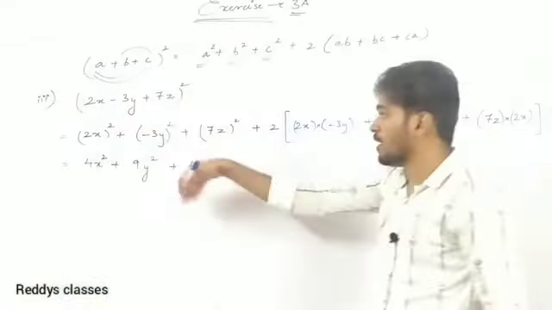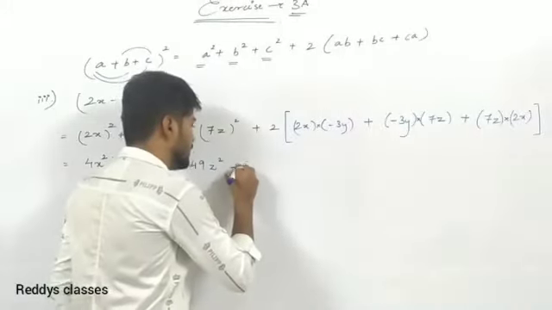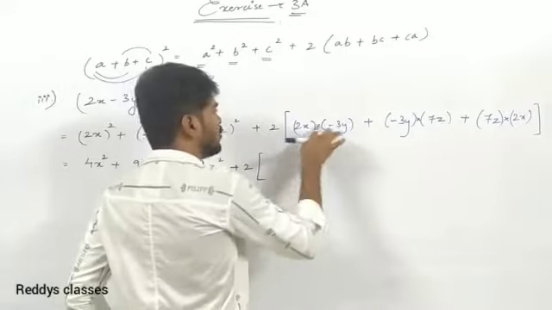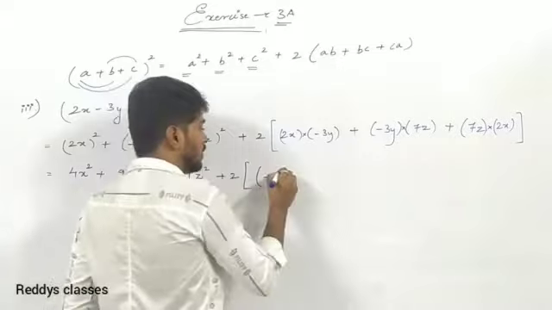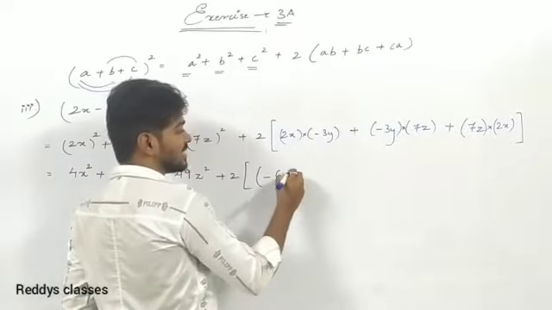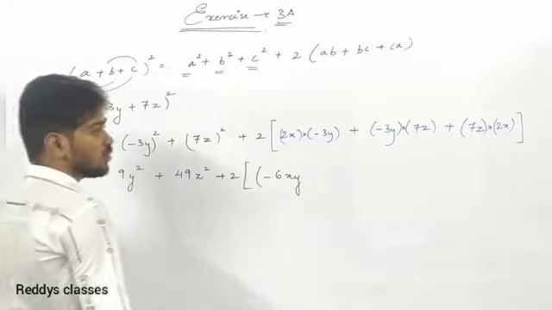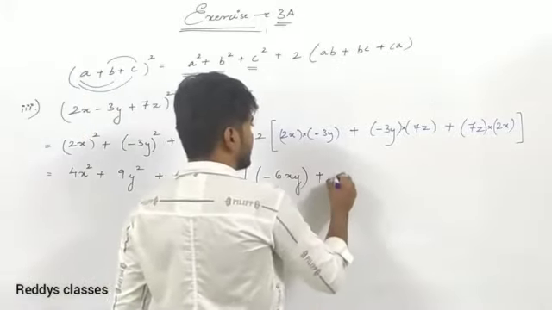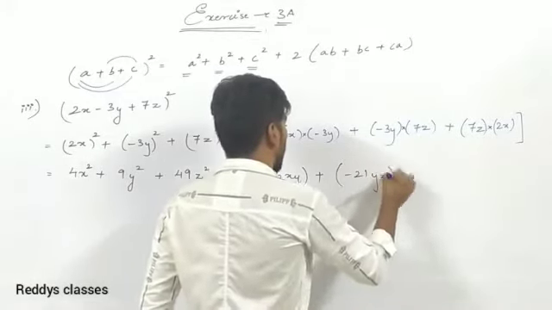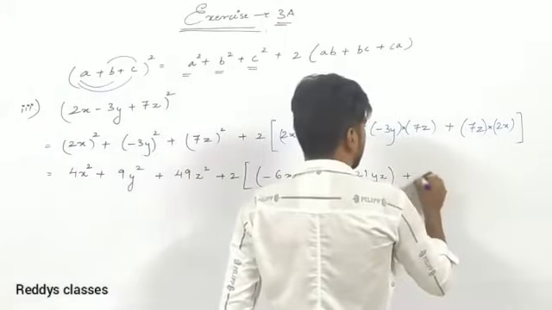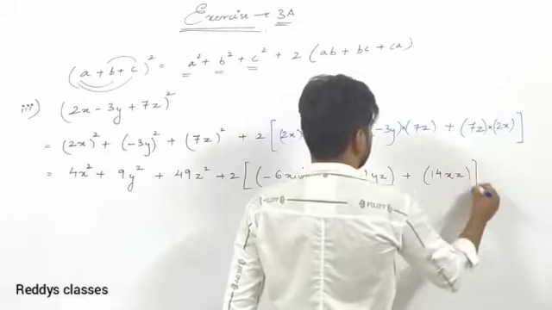We have the value of A square plus B square plus C square. Now let us solve further. This 2 as it is. 3 times 2 is 6, but we have the minus sign here. We have to put a bracket here. 6xy minus 6xy plus 7 times 3 is 21, that is minus 21yz, plus 7 times 2 is 14xz, or zx.